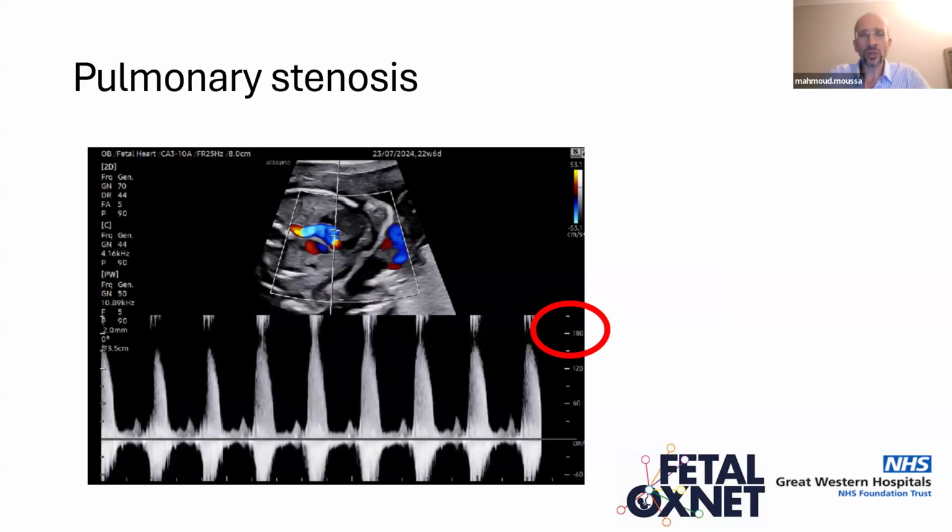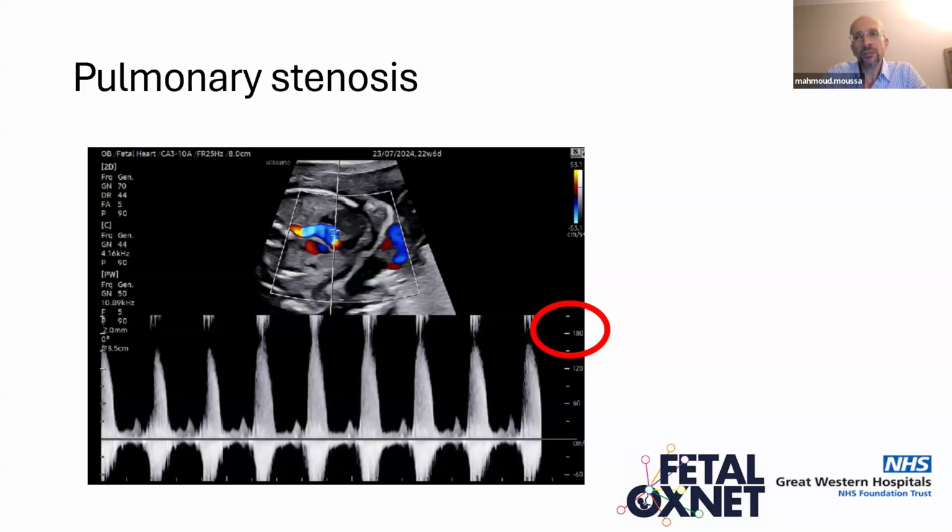But because the majority of us examine the fetal heart around the time of the anomaly scan, around 20 to 22 weeks, you would expect the velocity across the aorta and pulmonary to be less than 1 meter per second. And here you can see it's almost reaching 2 meters per second, and this is abnormal flow. That's telling you it's pulmonary stenosis.